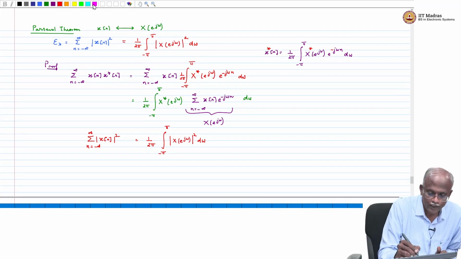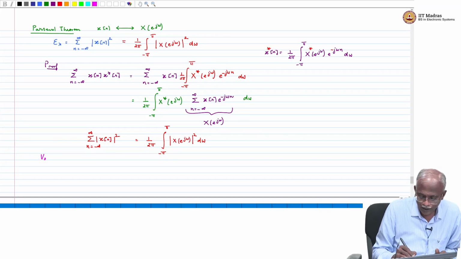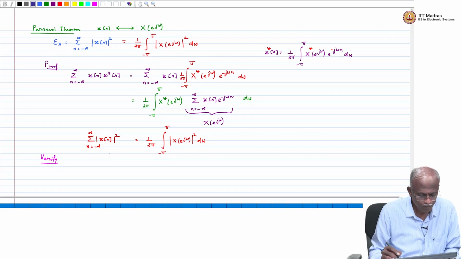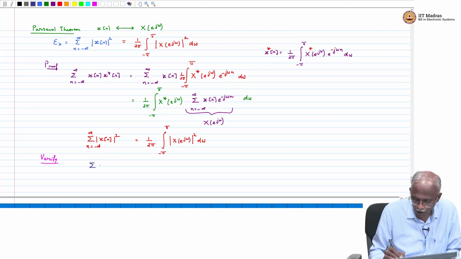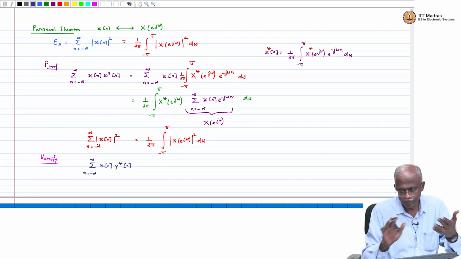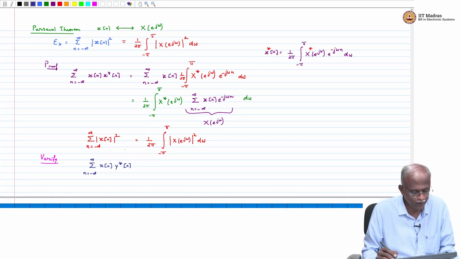Now, what I would like you to do is to verify the generalization of Parseval's theorem, where we compute a form of correlation, summation n equal to minus infinity to infinity x of n y conjugate of n. So basically it is a type of correlation that we are doing.